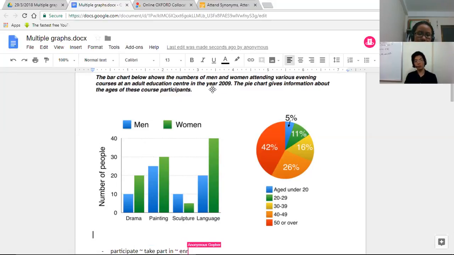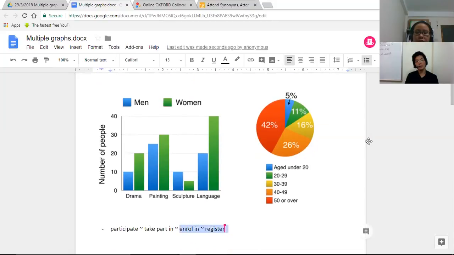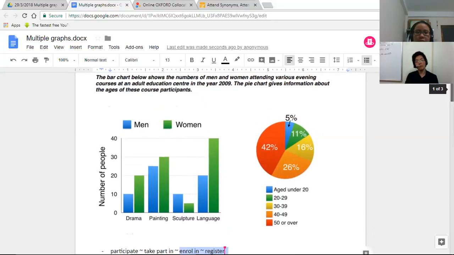Participate, take part in. When you use enroll, you have to have the preposition in. We say enroll in the course. Can I say register? I'm doubtful about the use of these two words because here it says attending.